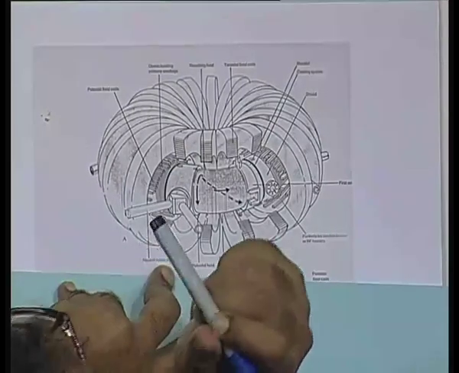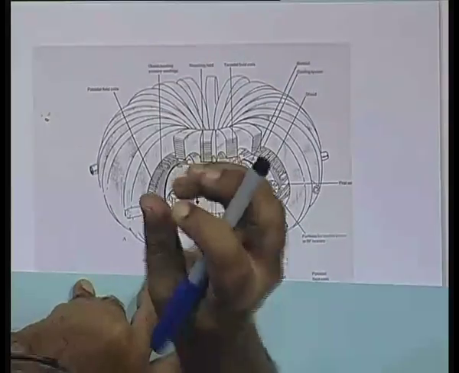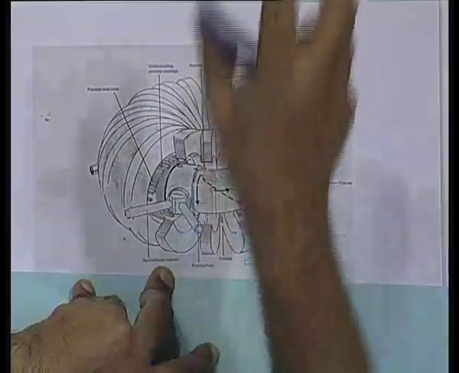There have to be also ports for the neutral beam injection. As I told you, one way to produce the heat is to accelerate some things, and it is easier to accelerate charged particles, but ultimately when you put it in, it has to be neutral.